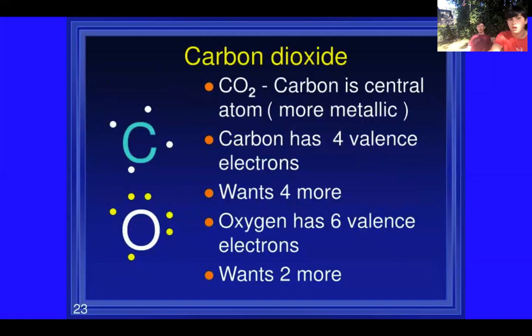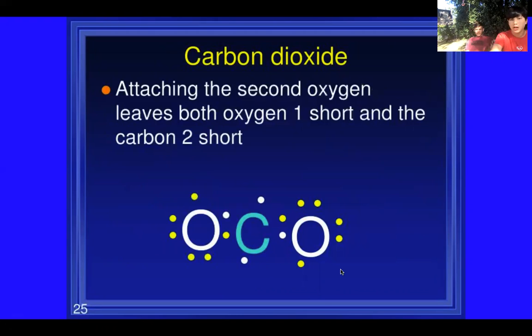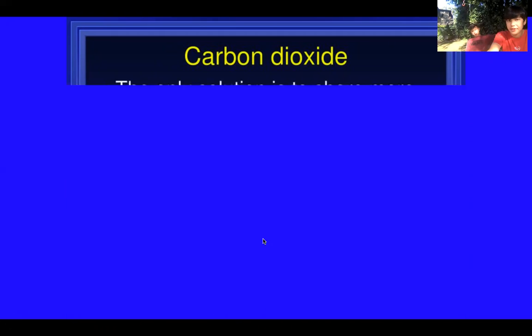So carbon dioxide. Carbon has 4. It wants 4 more, so it can get all 8. Oxygen has 6. It wants 2 more, so it can get 8. So carbon attaches to oxygen to form 1 pair, and they'll probably form another. So another oxygen comes in, and they also start forming pairs, so they have to share more.